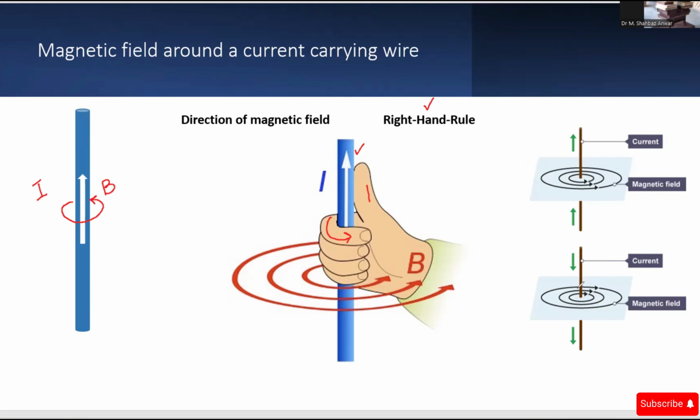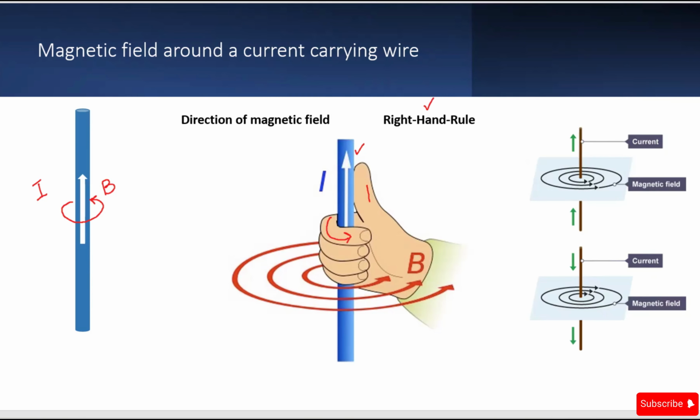So it means that when there is a flow of current through a wire, of course a metallic wire, a magnetic field generates around the wire, and the direction of that magnetic field depends on the direction of the current. So this magnetic field direction can be identified by using the right hand rule.